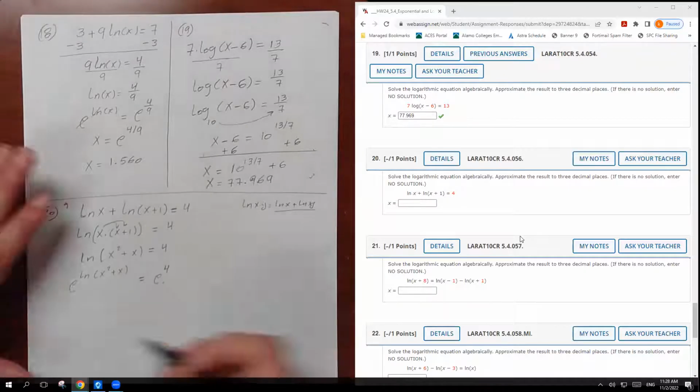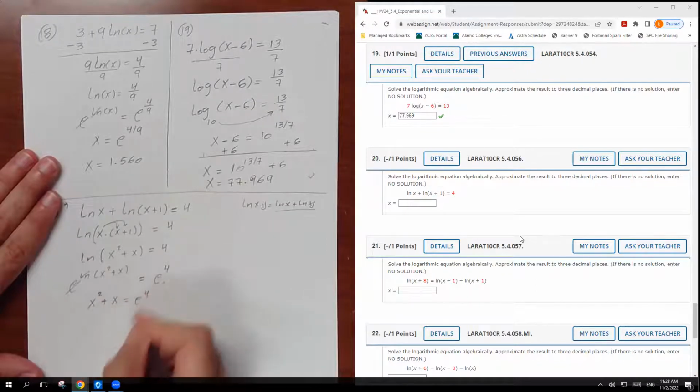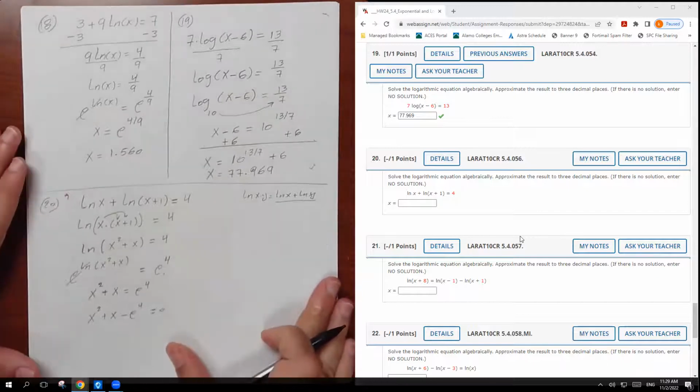So cancel the ln with the e. So it's going to be x squared plus x equal e to the 4. Move e to the 4 to the other side. So it's going to be x squared plus x minus e to the 4 equal 0. In this case, we're going to use the quadratic formula.